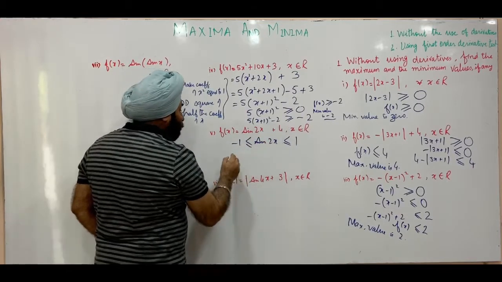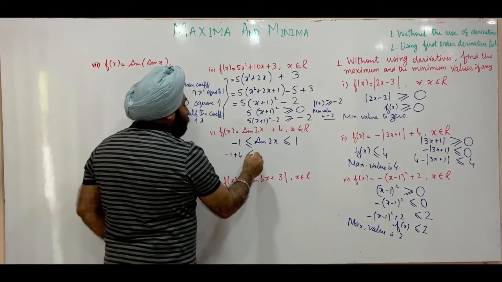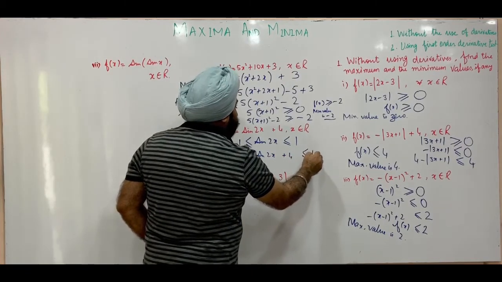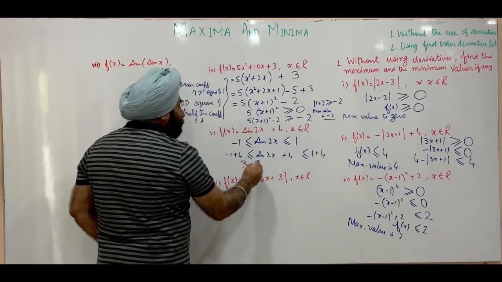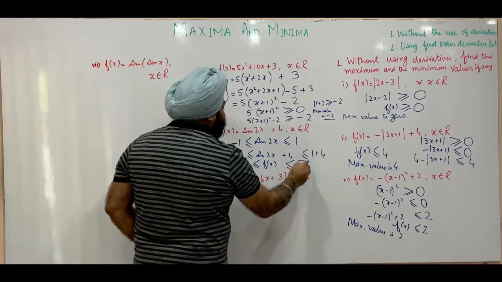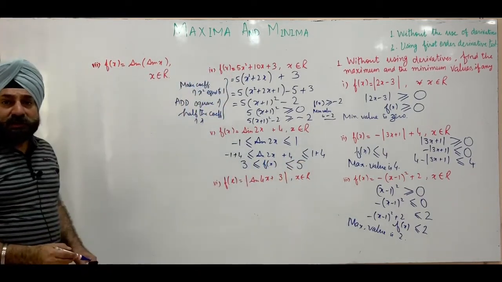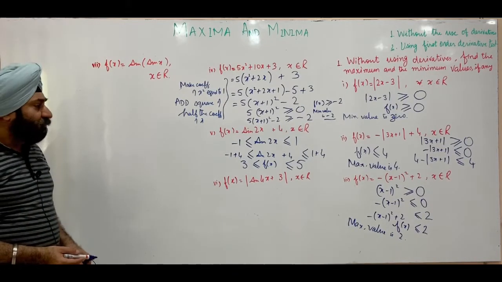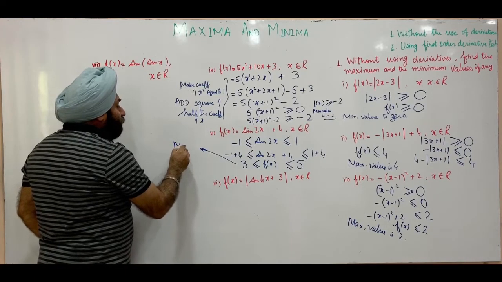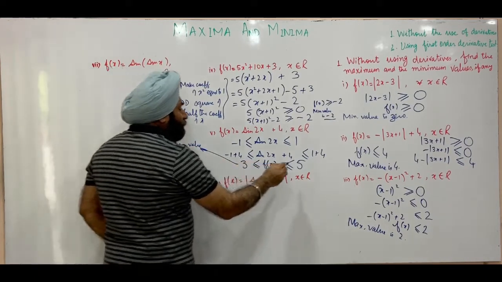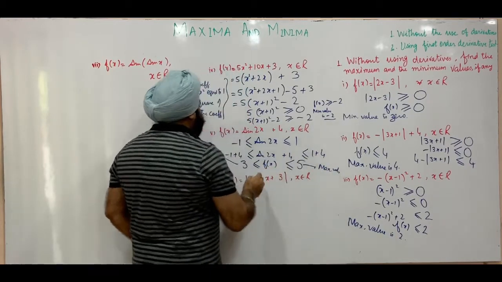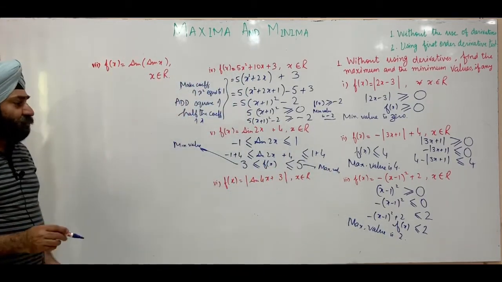Adding 4, minus 1 plus 4 is 3, so sine of 2x plus 4 lies between 3 and 1 plus 4, that is 5. So 3 is the minimum value, 5 is the maximum value. So we can say the range of values of f of x is from 3 to 5.